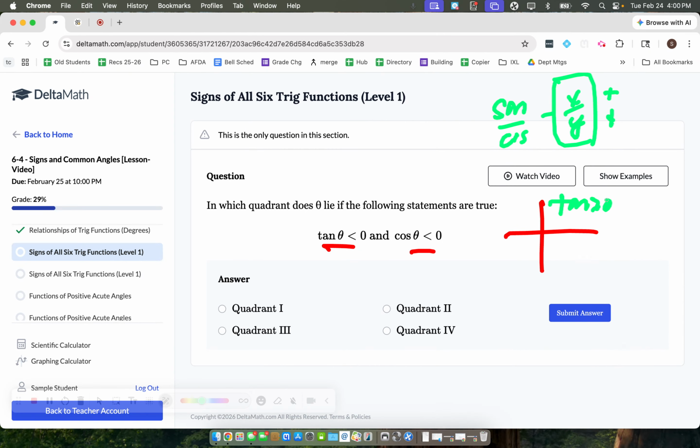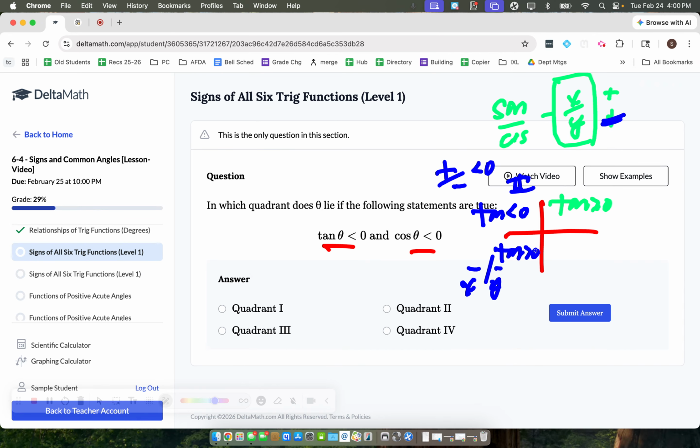But when one of them is negative, over here in quadrant 2, the cosine is going to be negative. So you're going to have positive over negative, which results in negative. So tan is going to be negative here. And guess what? Because here you have both x and y being negative, tan is going to be positive here.